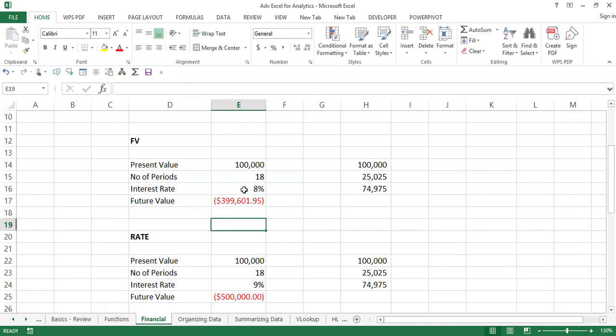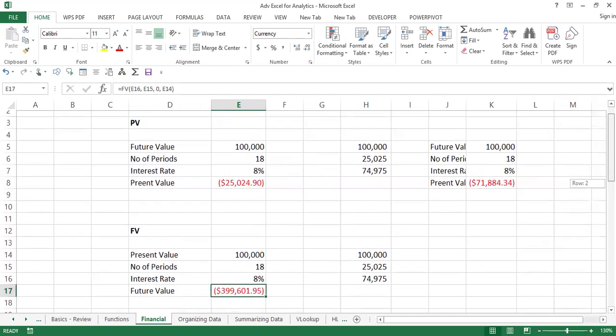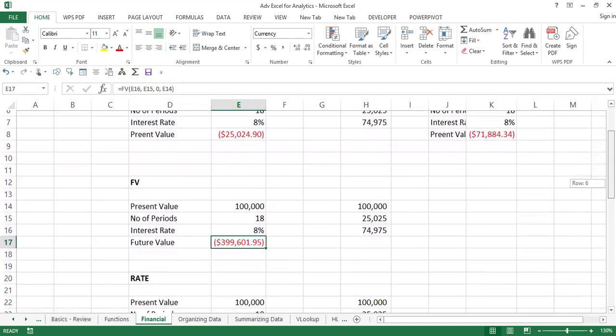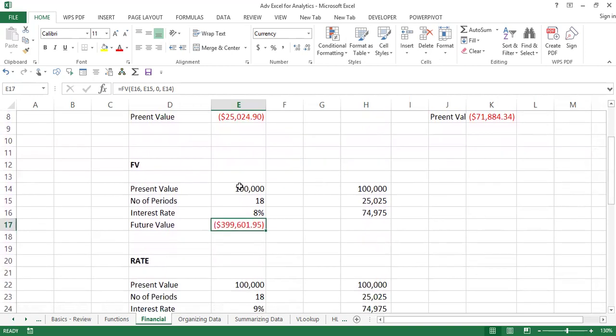So if you deposit this amount, you get this amount. If, for example, I put minus here now, something you should know here is this: if this is minus, this will be plus.